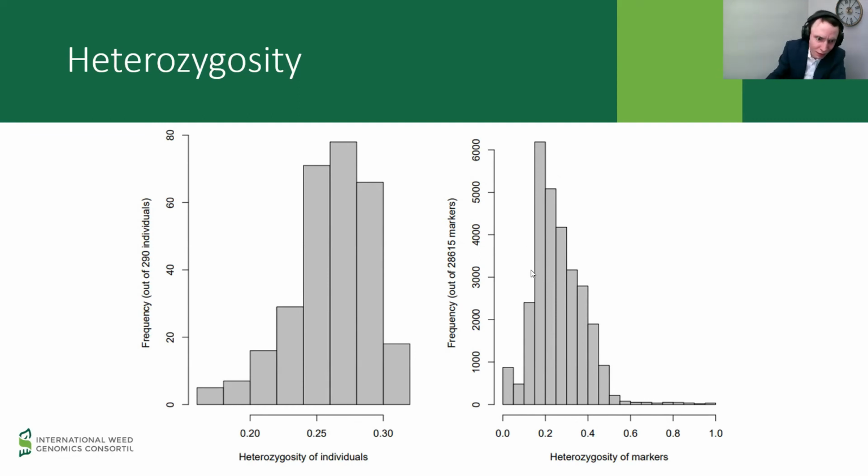If you're dealing with an inbred population, you would expect low levels of heterozygosity in individuals and low levels of heterozygosity in markers. And essentially, if you have an inbred population and you see high heterozygosity, you probably have a problem.